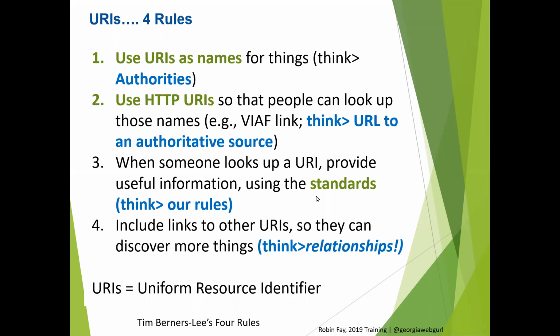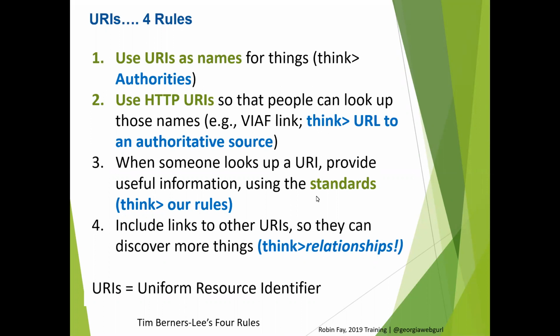So we have been doing 1 and 3 for years, and we never thought about it in this way, right? We have been using URIs as names for things, authorities. We've been doing that for years and years. When someone looks up that authorized form of the name, and more recently follows that URL, we provide some useful information. Well, we're putting more useful information in there now, right?